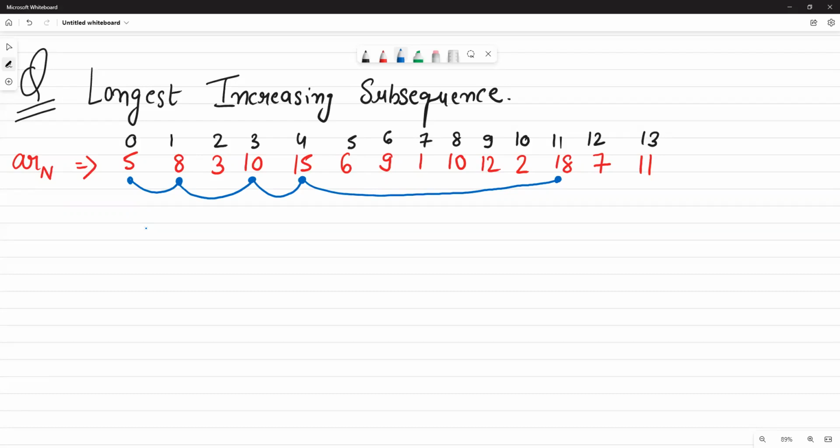Yes, guys, can you tell me the max length? 6. Yeah, 6 is the correct answer. And I have not picked the longest one so far.